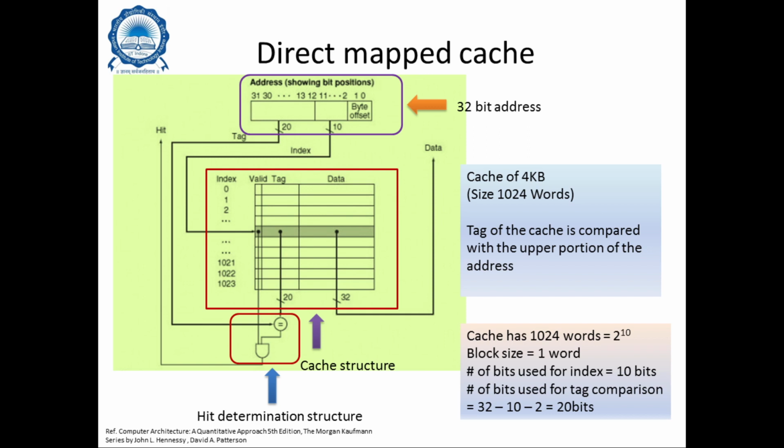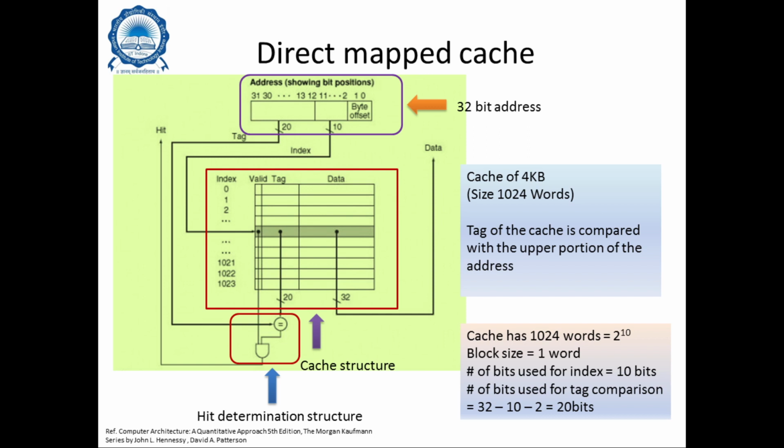Once you get to know the exact index from the value specified by the 10 bits, the pointer points to that specific index, and from there the tag value, which is the upper order 20 bits, will be compared with the 20 bits of this RAM address. If they match, then we AND it with the valid bit, because the valid bit also has to be turned on.